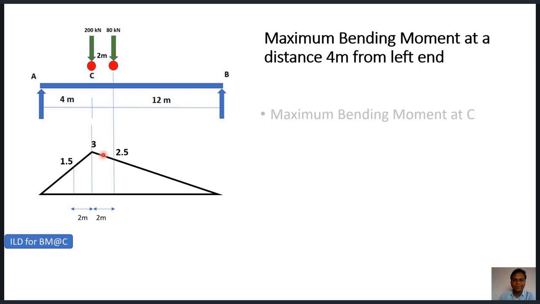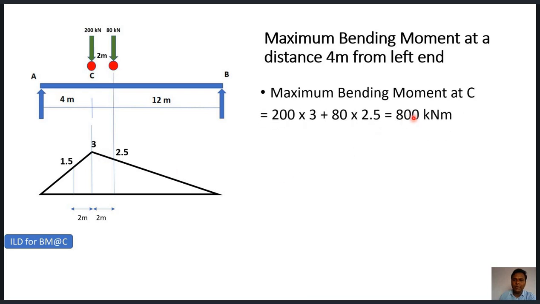So in this combination you will get a maximum bending moment at point C equal to 200 into 3 plus 80 into 2.5, that is equal to 800 kilonewton meter. If you place this 80 kilonewton over this 1.5 ordinate, whatever value you will get for the bending moment will be less than this. Hence for this combination of the pair of loads, you will get the maximum bending moment at point C.